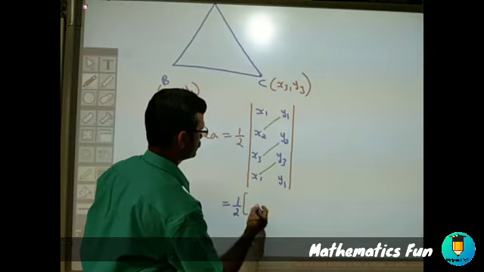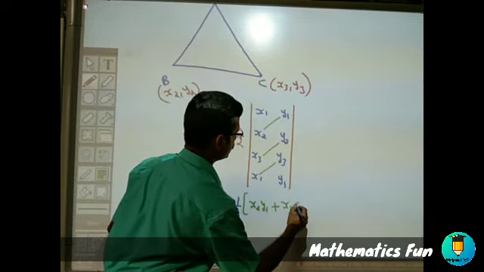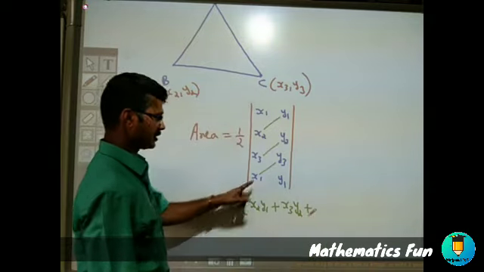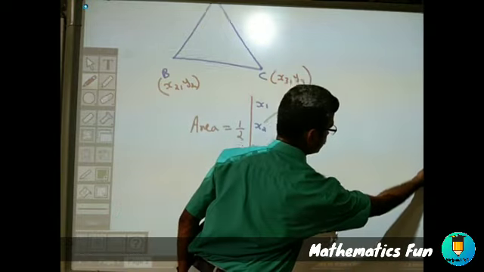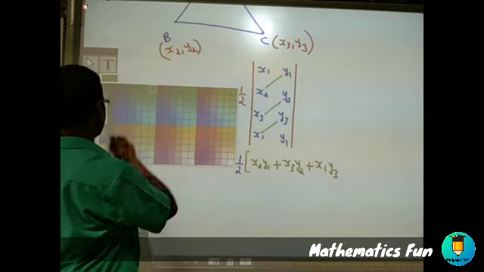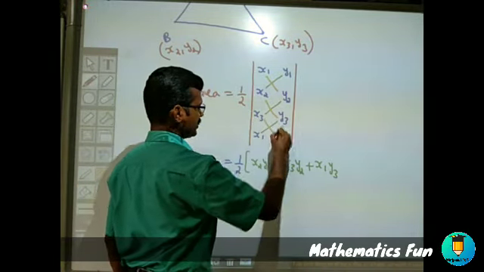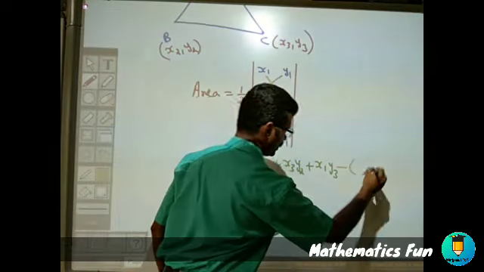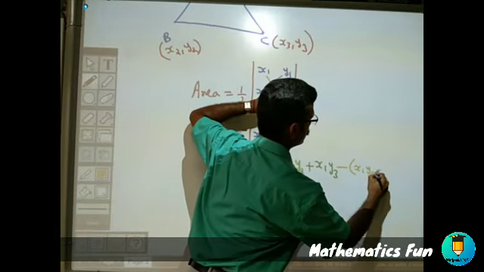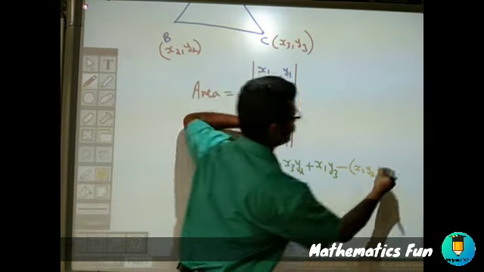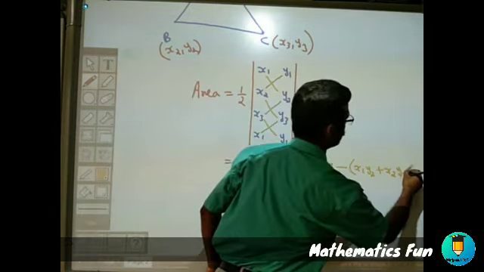Then we multiply the other way, and then we have to subtract. So minus x1 y2 plus x2 y3 plus x3 y1.